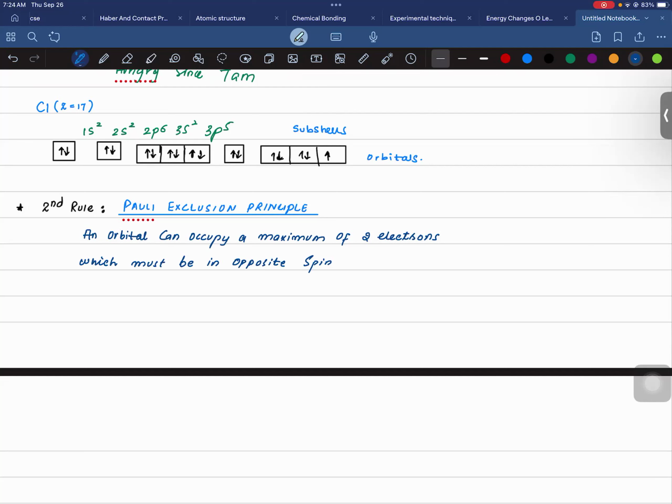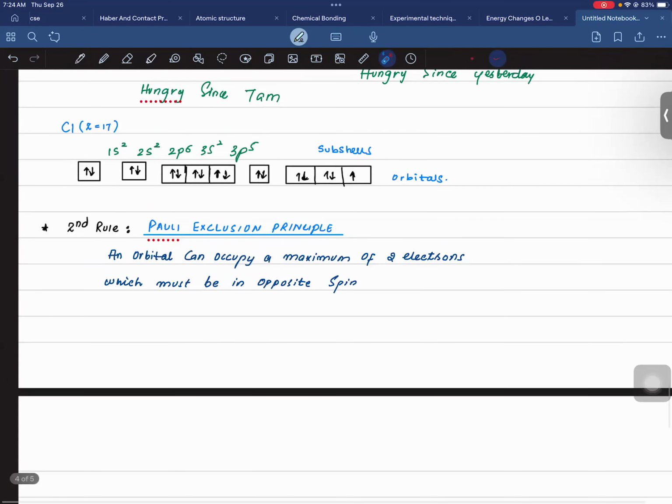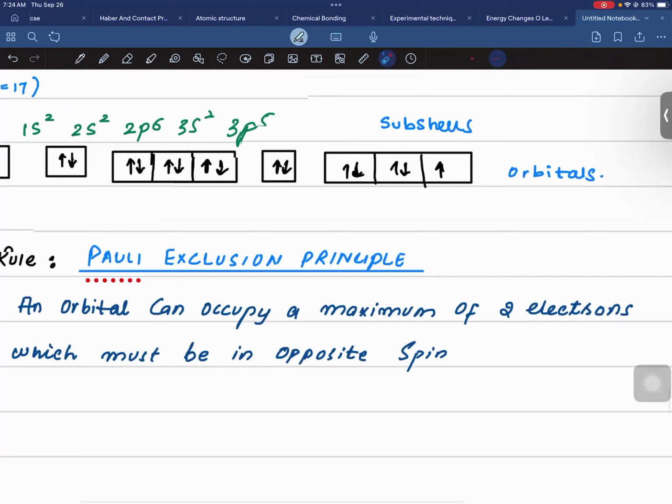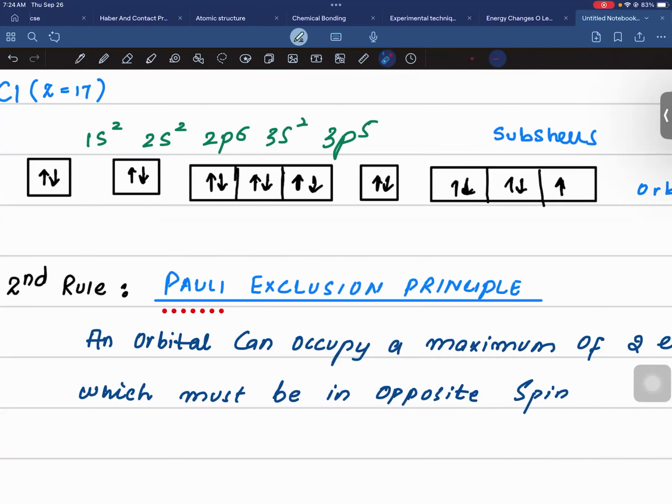So basically I mean to say that if you can see over here, I am not supposed to write 2 electrons just like that. This is wrong. I am not supposed to put 2 electrons just like that, having the same spin.